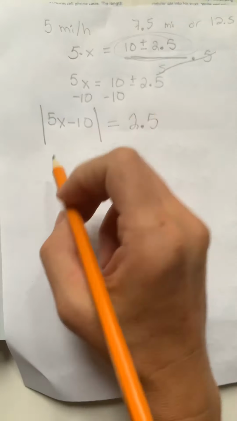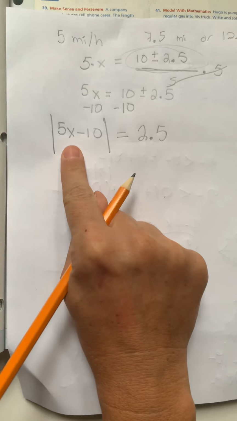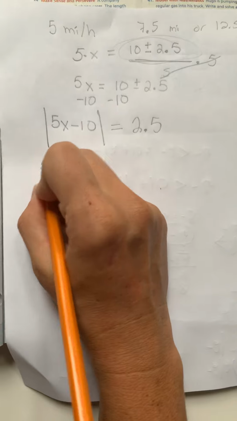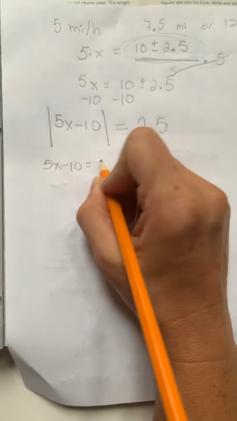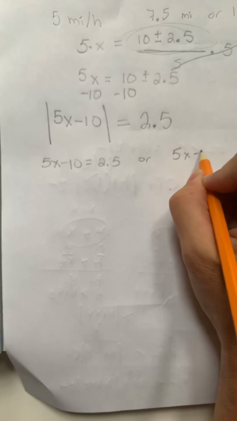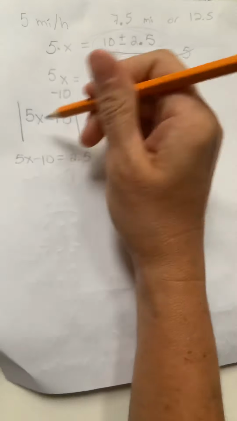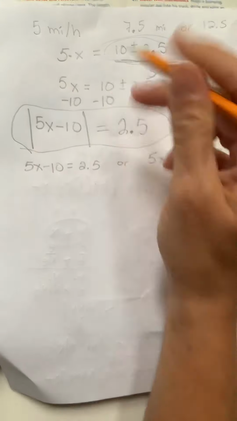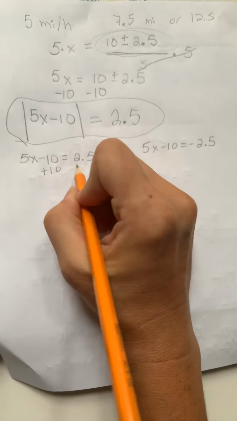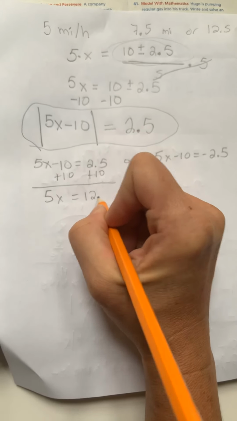Now, if I went to solve this, watch how you would end up solving this. So the absolute value, I would create 5x minus 10 equals 2.5, or 5x minus 10 equals negative 2.5. I'm going to circle this. This is the answer. I just want to show you that it does work. Now I'm adding 10, and I get 5x equals 12.5.